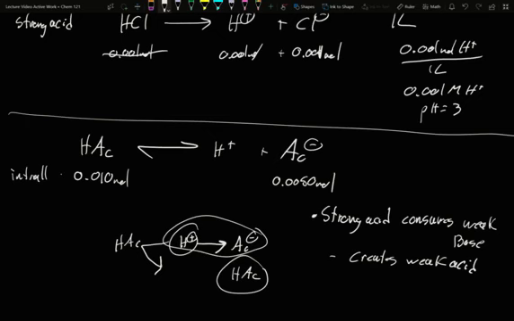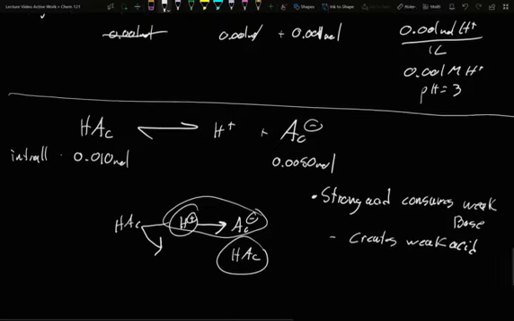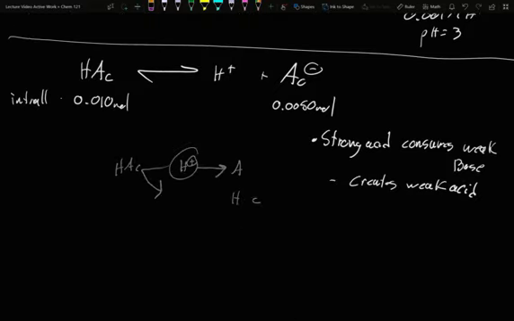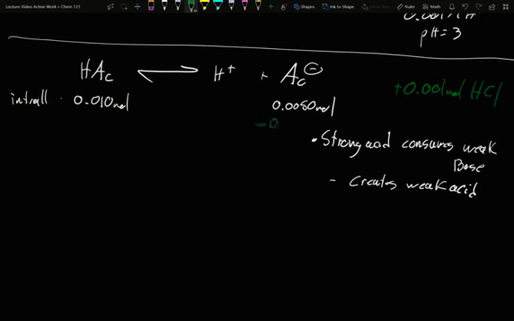It changes the amounts. Because what we're going to find, well, if I add 0.001 mole of HCl, it's going to find and destroy that much AC minus. So we're going to lose some of our AC minus.